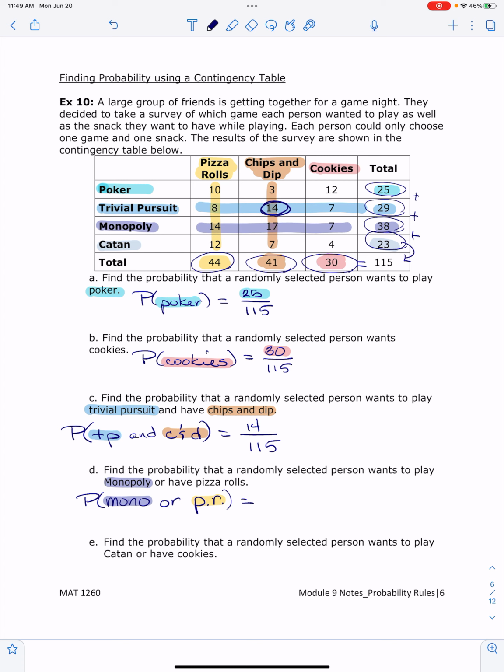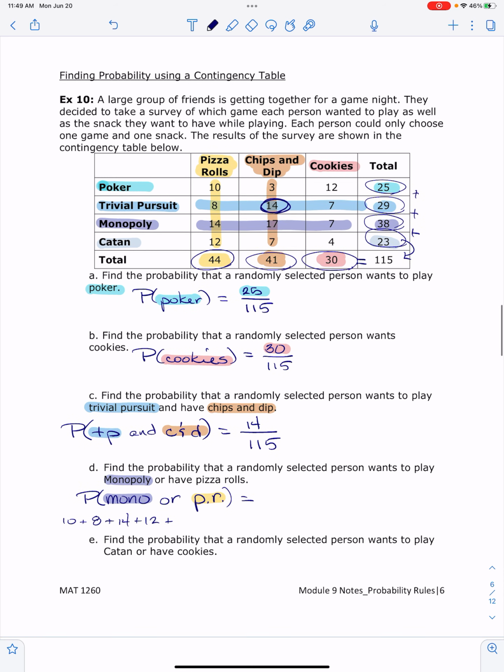So I could add these up separately, right? I have got poker and pizza rolls, there's 10. I have got Trivial Pursuit and pizza rolls, there's 8. I've got Monopoly and pizza rolls, there's 14. Catan and pizza rolls, there's 12. Plus, let's go along the Monopoly row. I've got Monopoly and pizza rolls, which we've already counted right here.